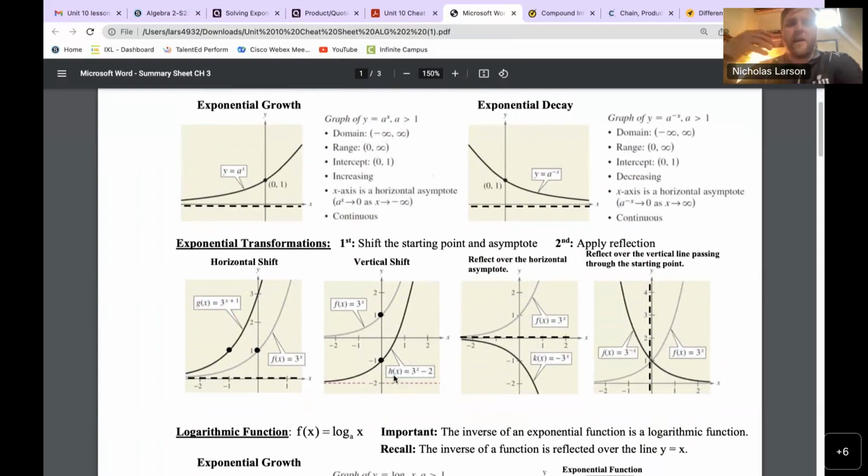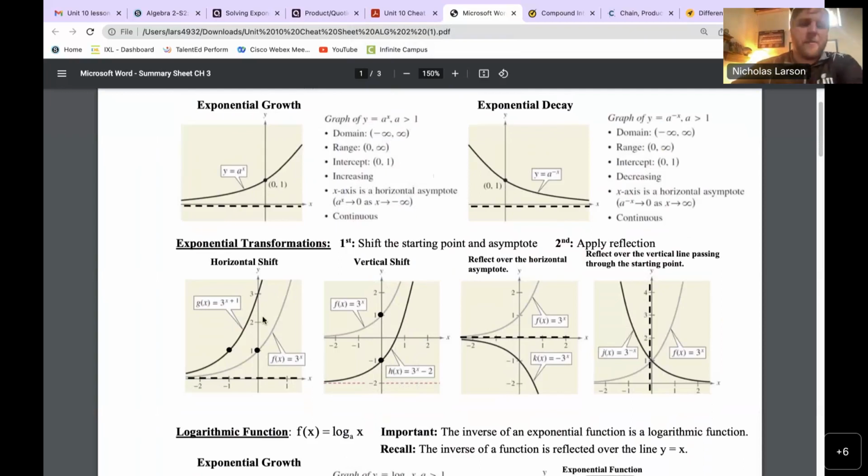Some of us are writing the range as just y equals -2. That's not how we write range. If you want to say it like that, you would have to say y is greater than -2. That's how you would include the range in this example.